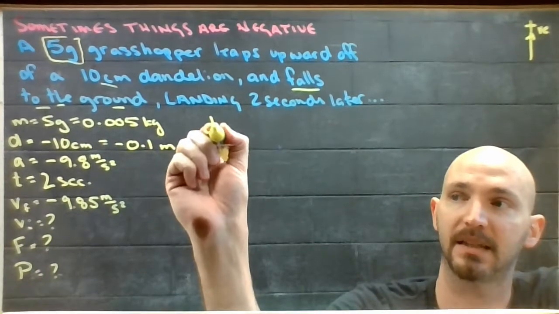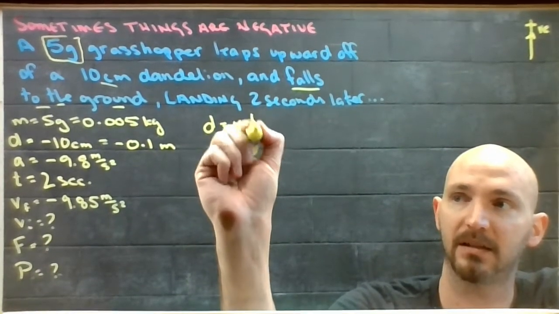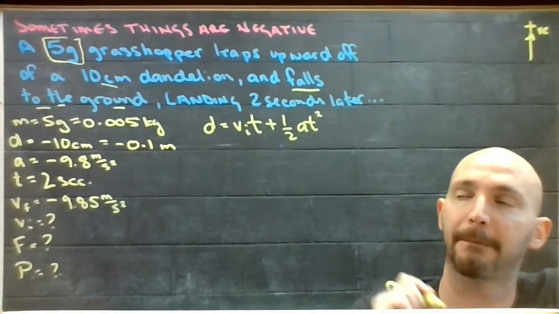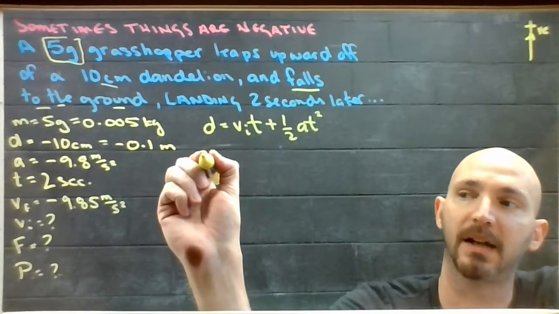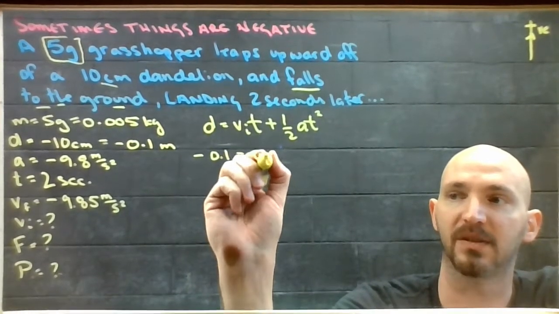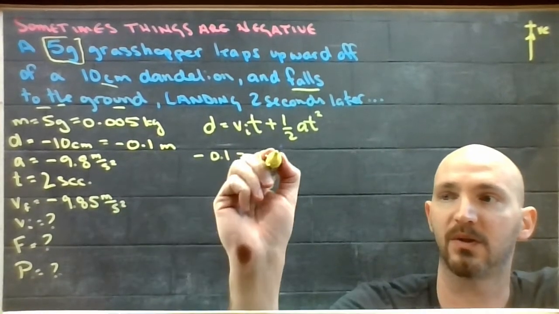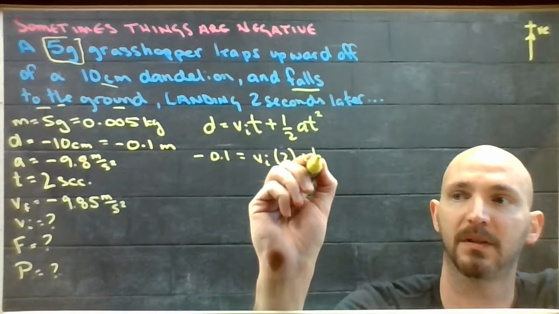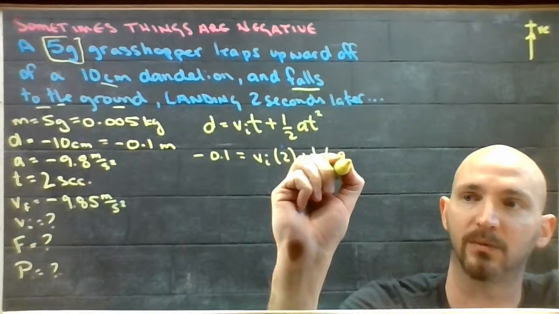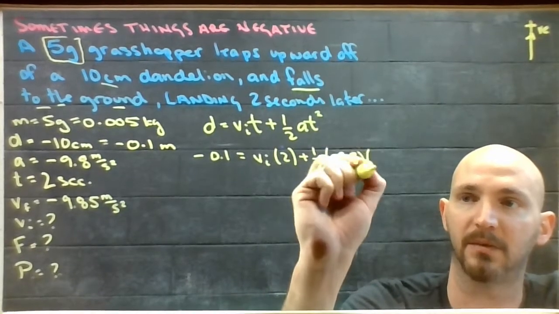So that would be distance is initial speed times time plus 1/2 a t squared. So using my distance of negative 0.1, an initial speed I don't know about, an acceleration of 9.8 downwards, and a time of 2 seconds.